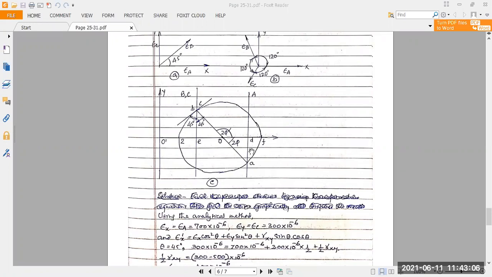So theta here is the included angle between epsilon B and epsilon A, or the included angle between the two positions of the straight line PQ before and after the deformation itself. Now, epsilon X is the increase in length of the line PQ to P dash Q dash, where P dash Q dash is not equal to PQ.